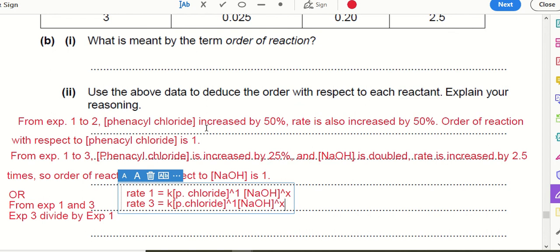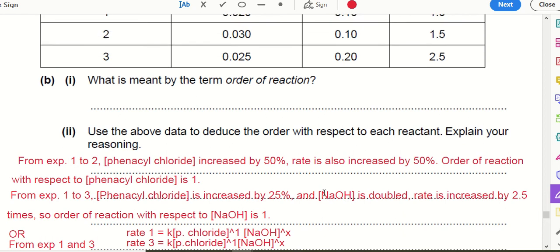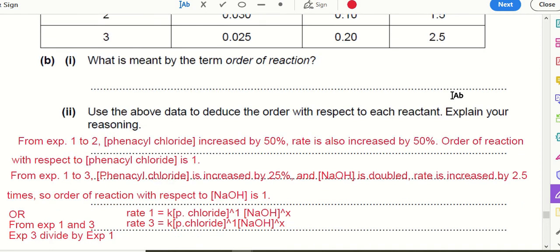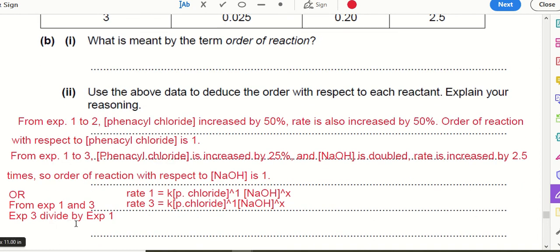Okay, so now I'm going to substitute in the values. I'm going to divide this whole equation by this whole equation. Rate 1 is 1.0. Rate 3 is 2.5. Sorry, experiment 3 divided by experiment 1, so it should be the other way around.